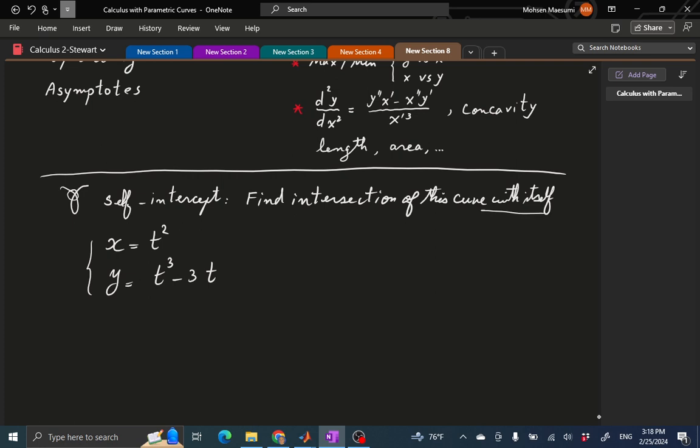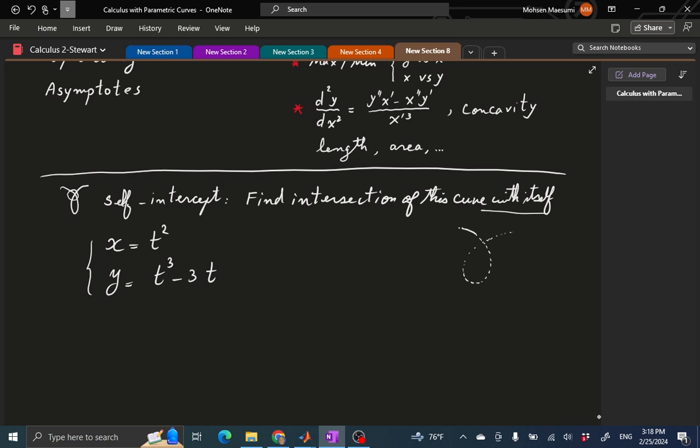So we said we are animating a certain curve. As time passes on, we are on a certain trajectory, and perhaps we come around and then crisscross with the path that we already had.